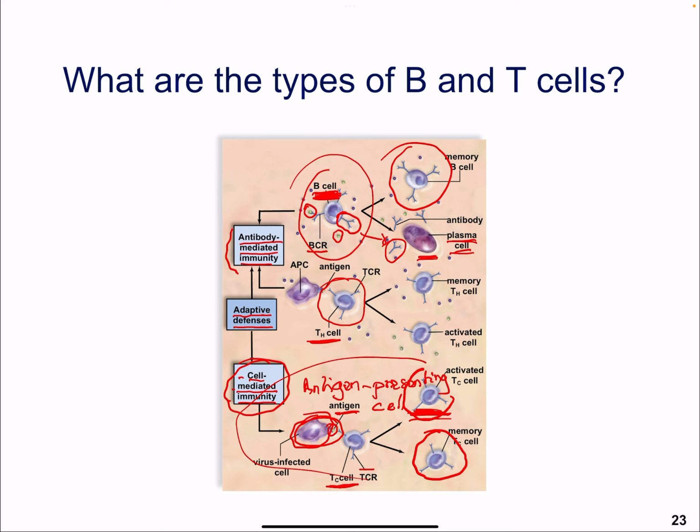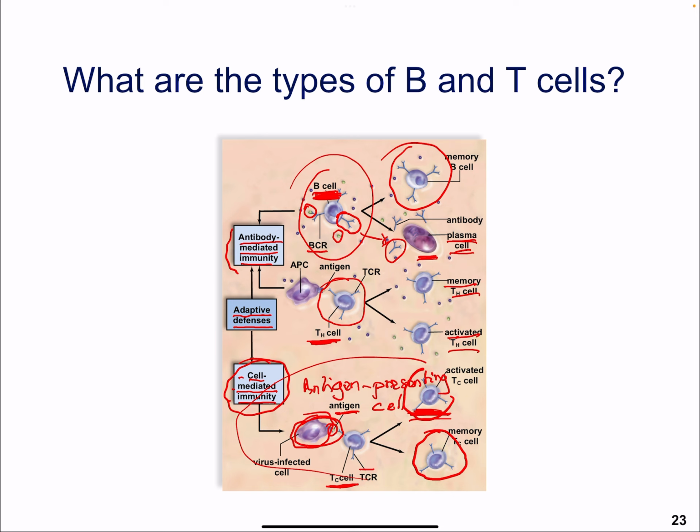Okay? Now, the helper T cells for a particular antigen are also going to develop into activated helper T cells and memory T cells. Okay? So really not only B cells and cytotoxic T cells are going to constitute memory cells, helper T cells will also.